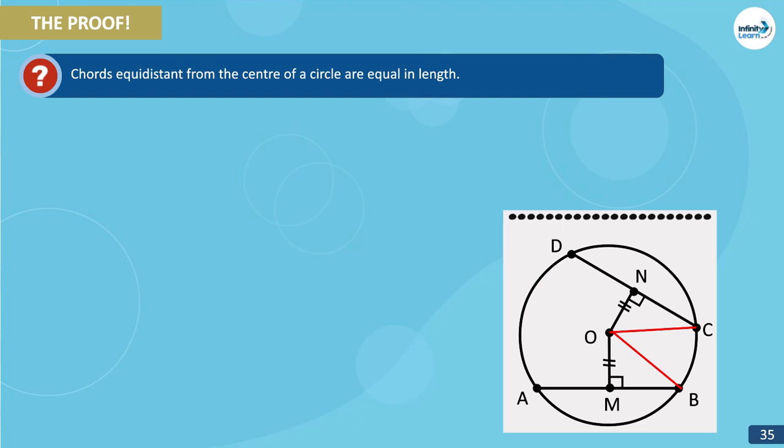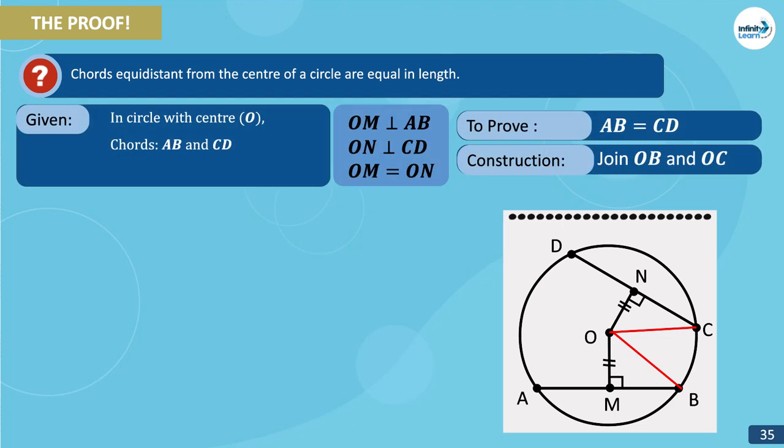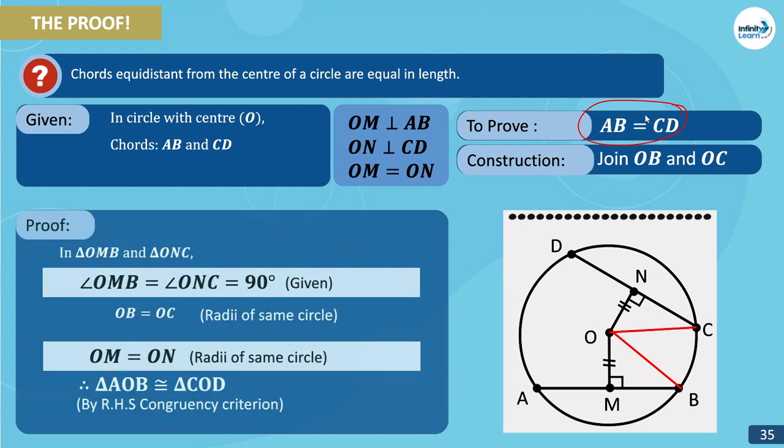Now its vice versa. If chords are equidistant from the center, then they are equal in length. What do we have to prove? We have to show the chords are equal. What is given? OM equals ON is given. So we will take the same triangles. OM equals ON, angle OMB equals ONC, 90 degrees, and OC equals OB, radius. So by which criteria?